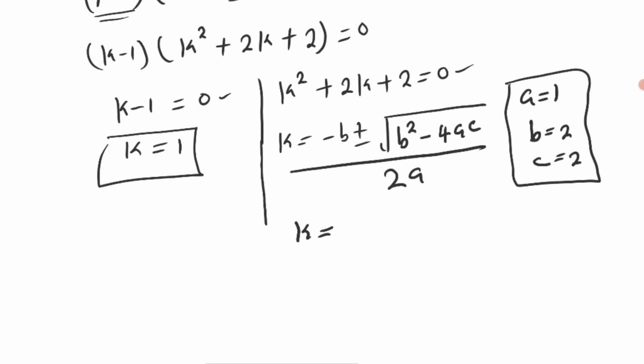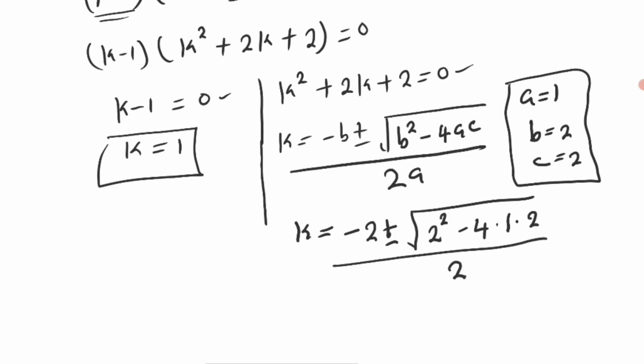K is equal to minus 2 plus or minus square root of 2 square minus 4 multiplied by a is 1 multiplied by c is 2, over 2 multiplied by 1.